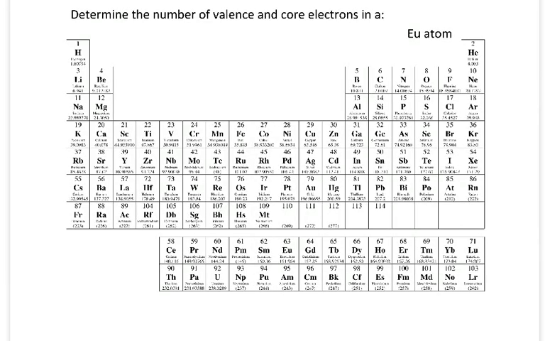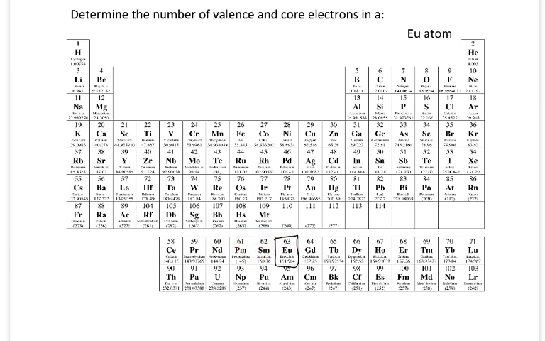Okay, in this case, we're asked about europium, which is one of the lanthanides. So europium is down here, number 63. And again, all I need to do is just count what column it's in. So europium is going to be coming from here. So it's 1, 2, 57, 3, 4, 5, 6, 7, 8, 9.